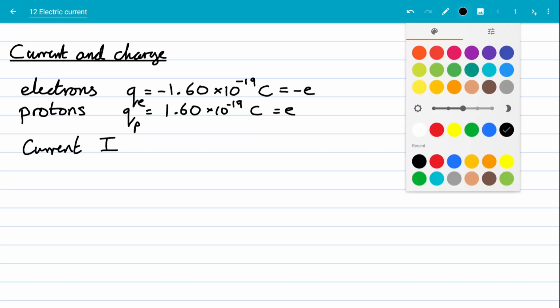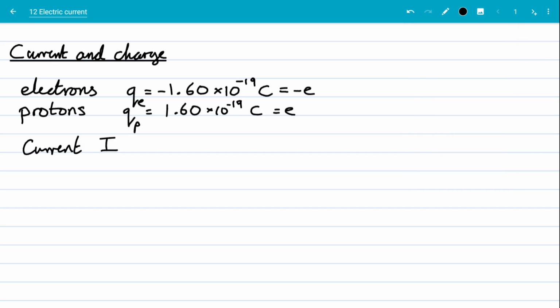So charge is quantité and current is intensité. Anyway, again, it's French. So we have current, which we can define as the amount of charge that flows past a point per second.